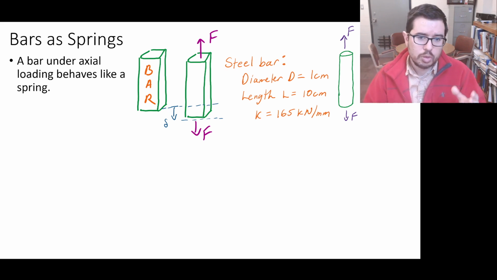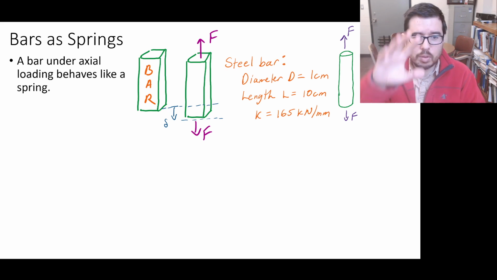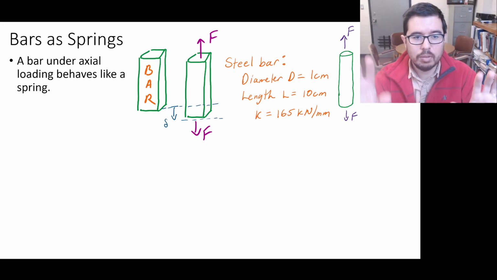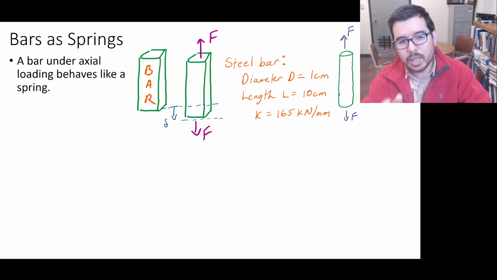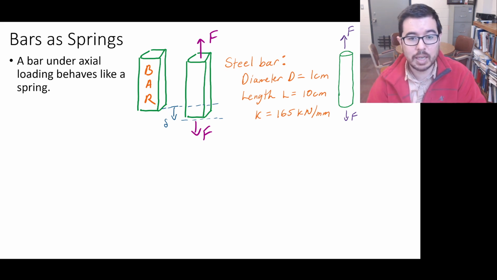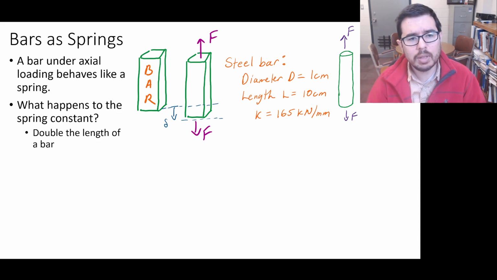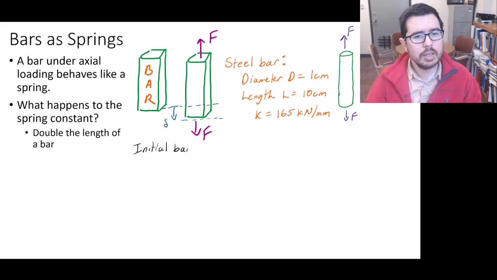Just as we did in the first session, we're going to discuss the scaling rules or scaling relationships. So even though this number kind of came out of the ether, we can think about how this number might change when we change the length and we change the cross-sectional area. So if we double the length of the bar, okay, what do we think is going to happen?